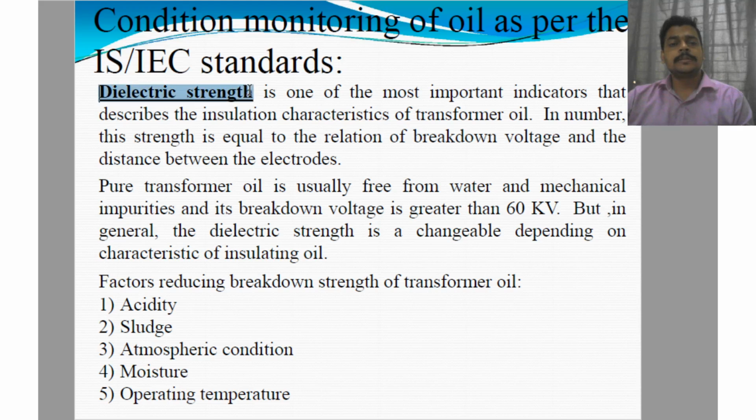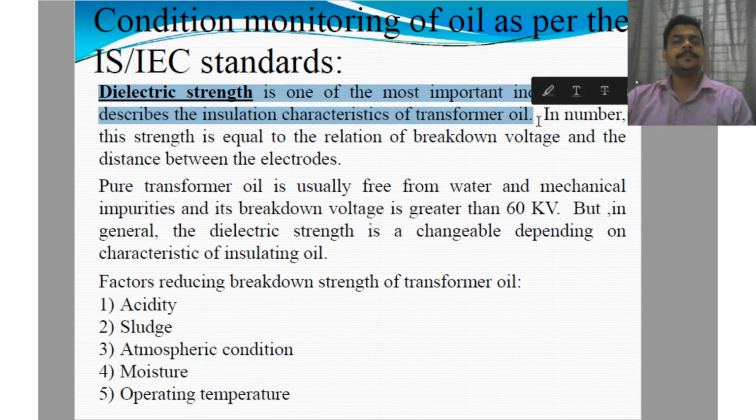Before that we will discuss one concept called the dielectric strength. We are interested in the transformer oil. It is not a vegetable oil, it is a transformer oil, which is different, and as there is dielectric oil, or transformer oil, we have to measure the dielectric strength. Let's quickly revise. What is the dielectric strength? It is one of the most important indicators that describes the insulation characteristic of transformer oil.